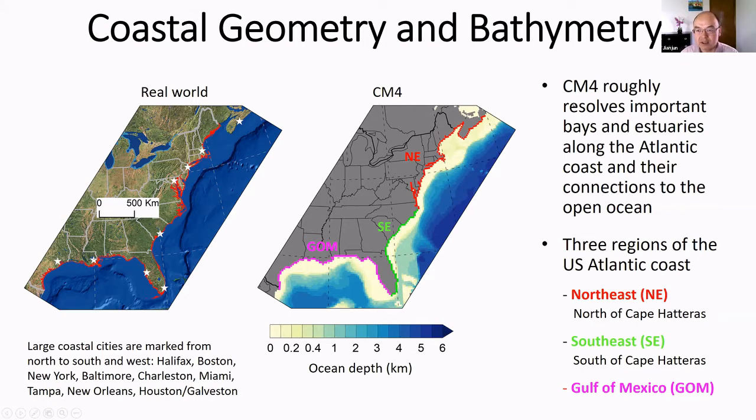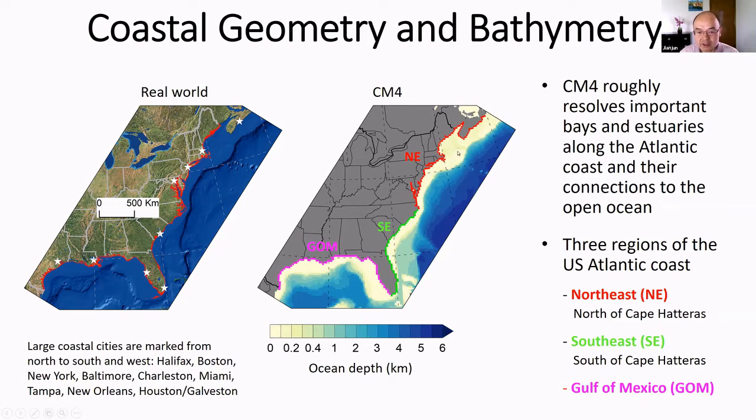You can see CM4 roughly resolves important bays and estuaries, like the Chesapeake Bay right here. But the model resolution is not fine enough to resolve smaller bays and harbors, like New York Harbor, which is not resolved. I will discuss the impact of this on the simulation result later.